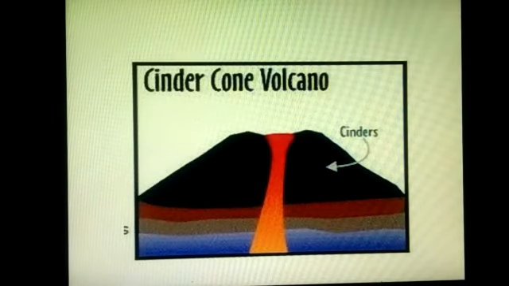They have steep slopes made of cinder and ash. Here we can see the shape of a cinder cone volcano. When this type of volcano erupts, it shoots gases with high force, throwing them several kilometers. Volcanoes of Mexico and Central America are examples of this type.